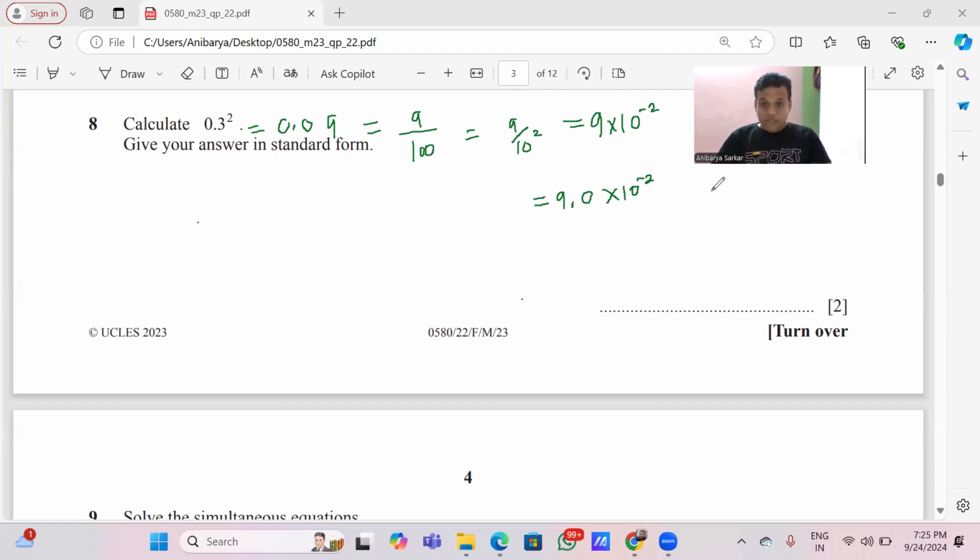Just a minute, I do the calculation. Is it 9.0 into 10 to the power minus 2 or not? 0.3 whole square. This one.